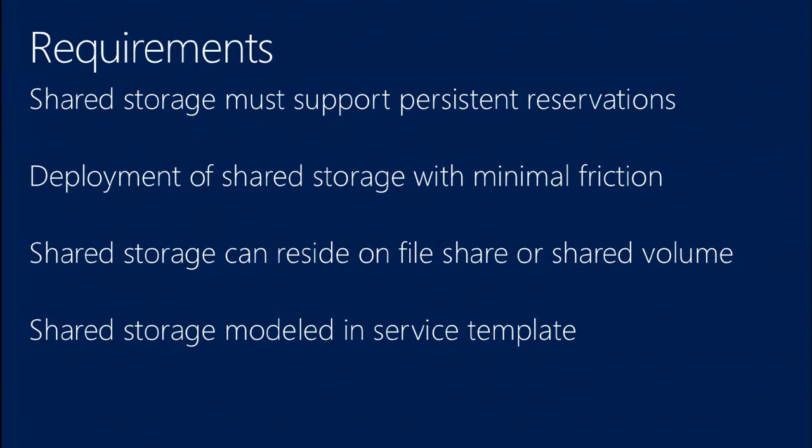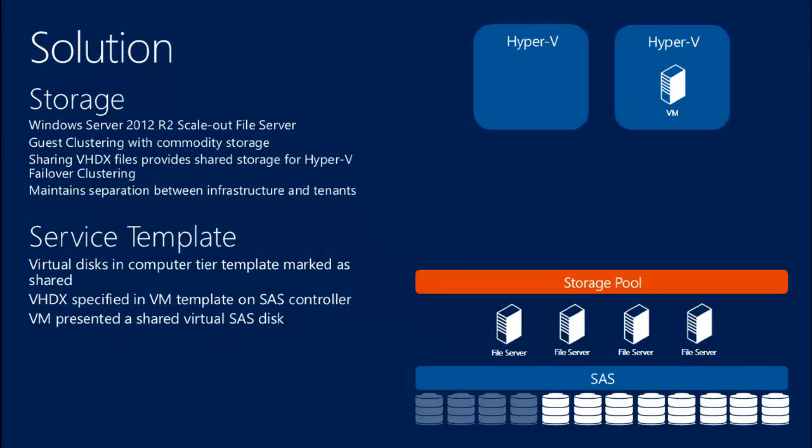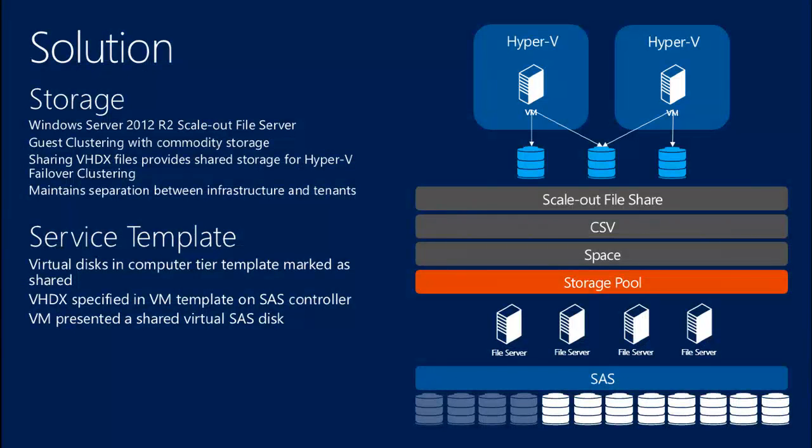You can land these shared VHDXs on either a CSV or a file share. So that's supported on both sides. And all of this can be modeled inside of a service template. So in the same setup I had before, where I have SAS disks, my scale-out file server, my pool, my space, my CSV and a file share, before I was landing individual VHDs per VM.